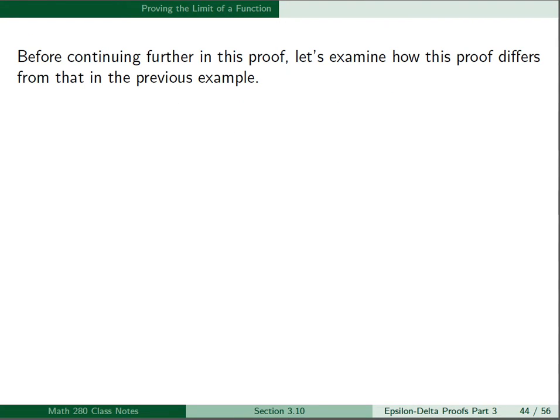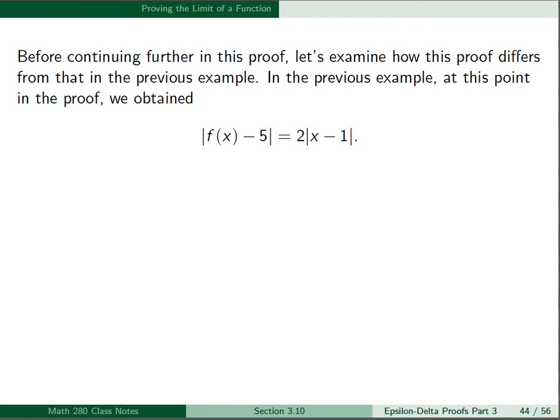Now before continuing further in this proof, let's examine how this proof differs from that in the previous example. In the previous example, at this point in the proof, we obtained the absolute value of f of x minus 5 is equal to 2 times the absolute value of x minus 1. We then said the absolute value of f of x minus 5 is less than epsilon if and only if the absolute value of x minus 1 is less than 1/2 epsilon.